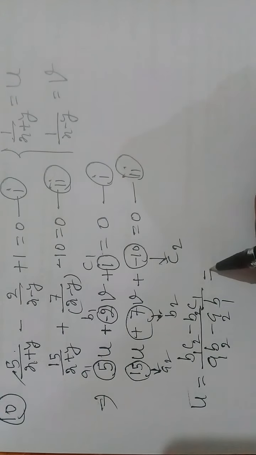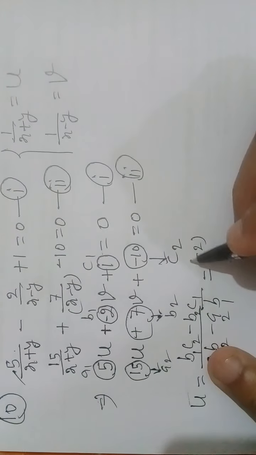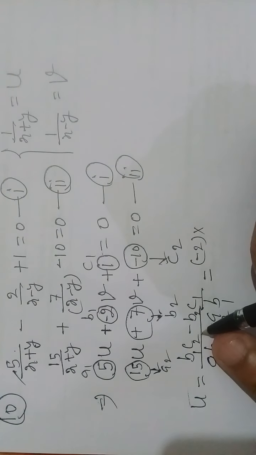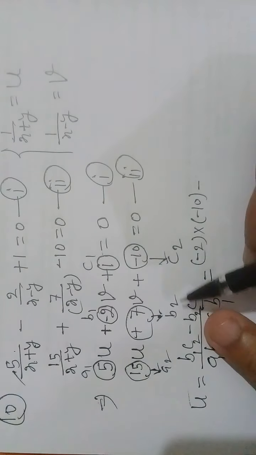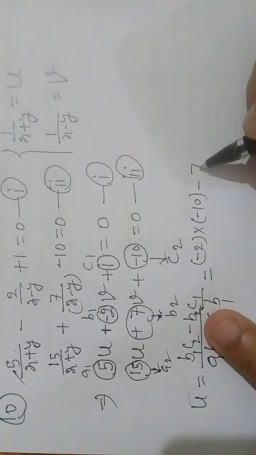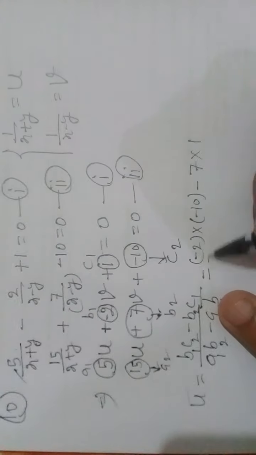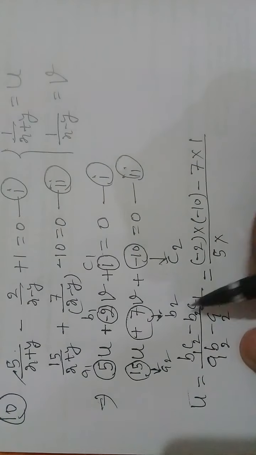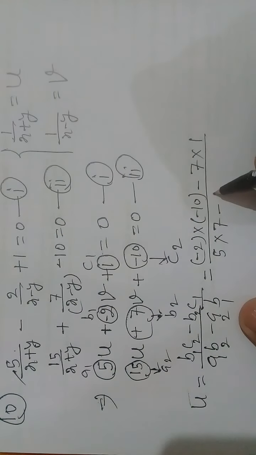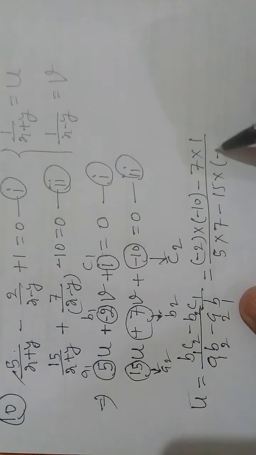Putting the values: B1 is minus 2 into C2, which is minus 10, minus B2, which is 7, into C1, which is 1, over A1, which is 5, into B2, 7, minus A2, 15, into B1, minus 2.